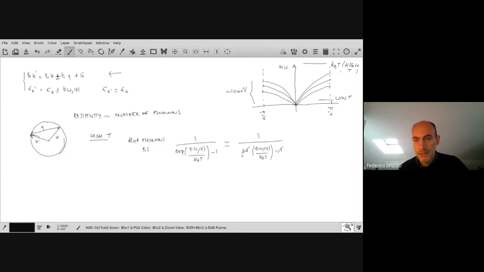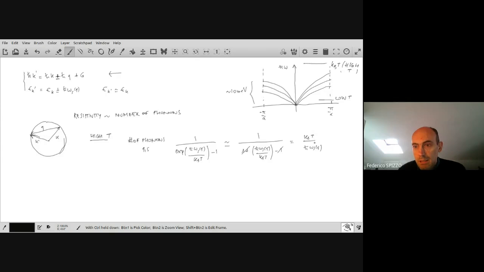So we may simplify the minus 1 and plus 1. So this is equal to kBT divided by h bar omega s of Q. This means that the number of phonons that are active in the system is proportional to T.